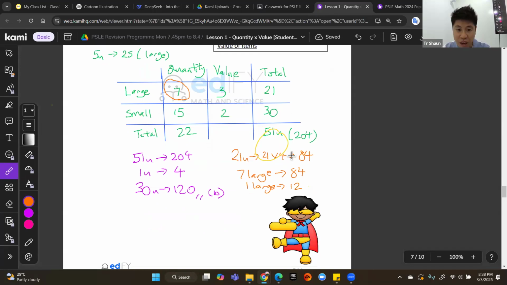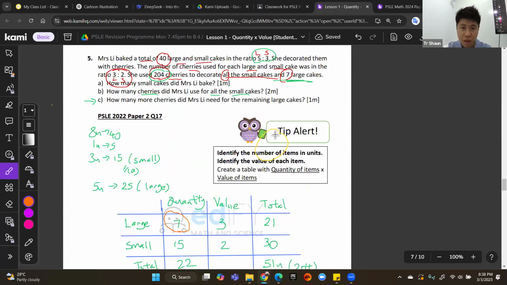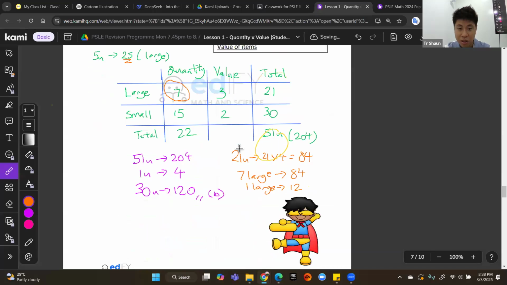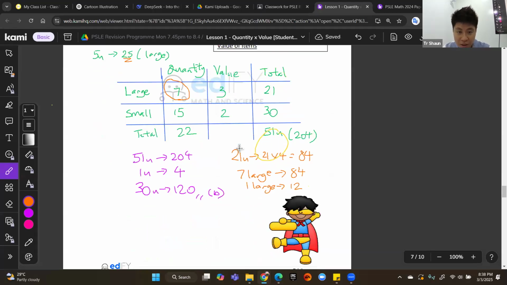And after which I want to find extra. They say remaining. Remaining is 25, which is the original, minus away the 7, which is 18. 18 remaining, 18 large.